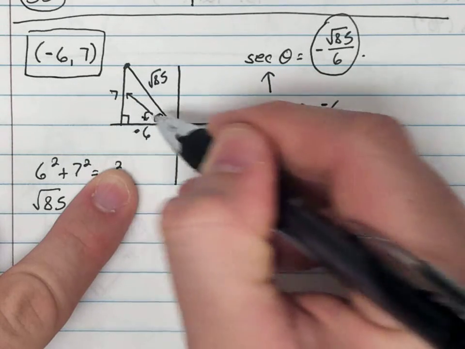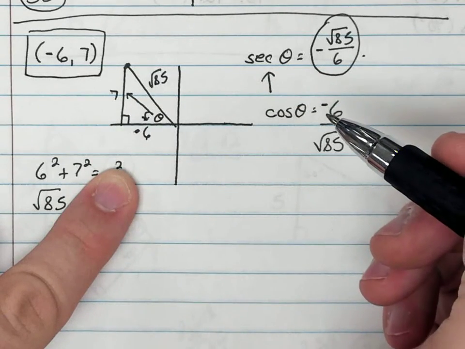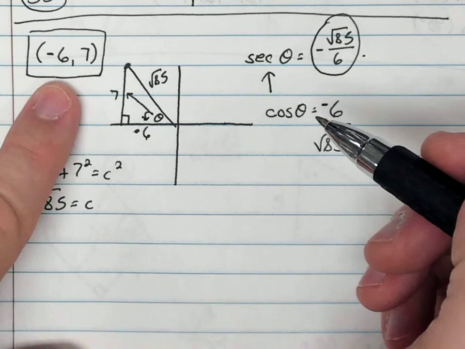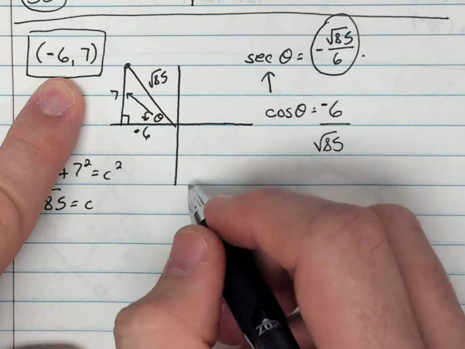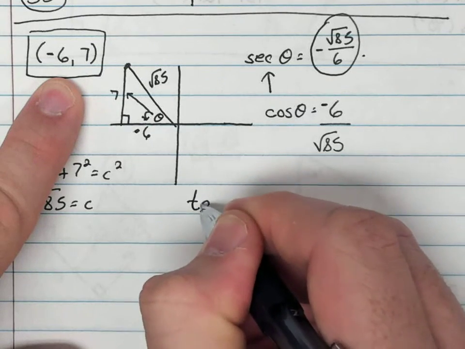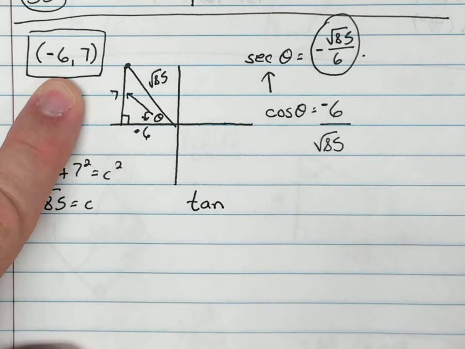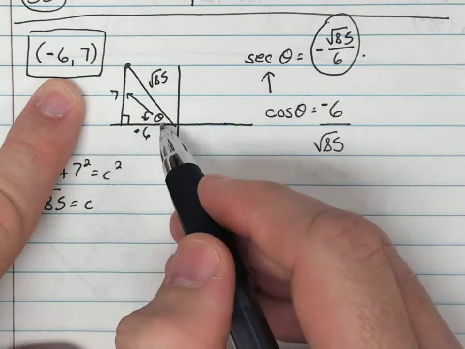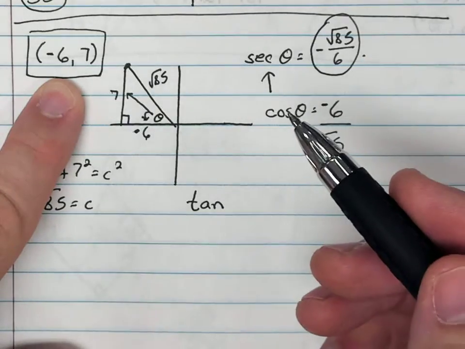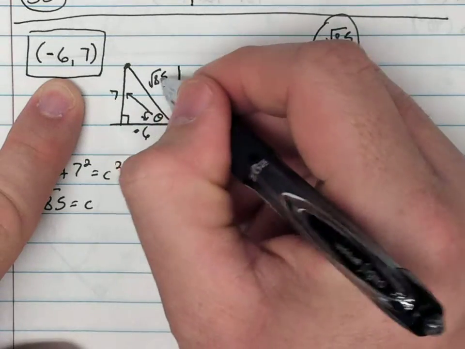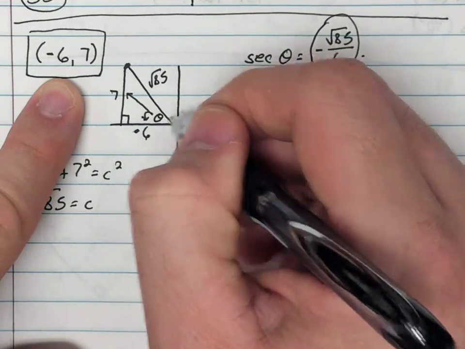The x value will always be the adjacent. So if you're given a point, in order to find the angle, you'll always use tan, will you not? Because the point will be the opposite and adjacent side. The x will be adjacent, the y will be opposite. So you don't even have to use the Pythagorean theorem if you're just looking for the angle.